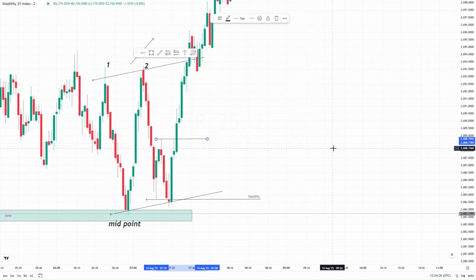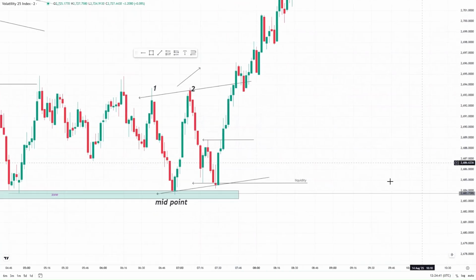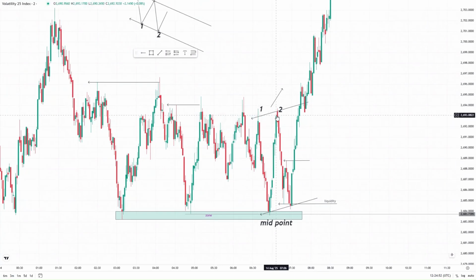So now what I want you guys to do here, judging by how much price was failing to break below the zone and us getting this upward trend, the moment you see that you have straight up a big candlestick with a volume gap in between, breaking market structure, breaking market structure, right?